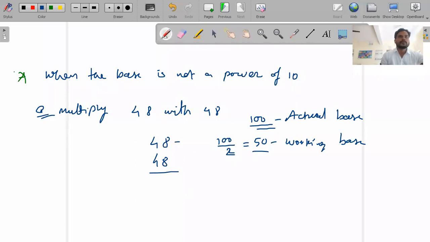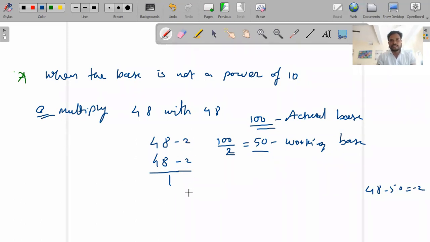If I consider 50 as a base, 48 is minus 2, so here minus 2, minus 2.